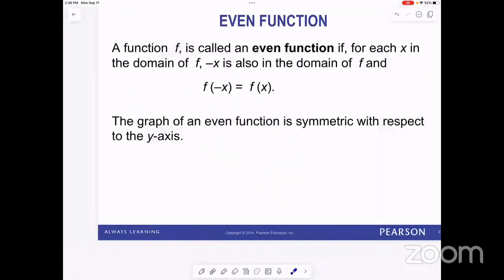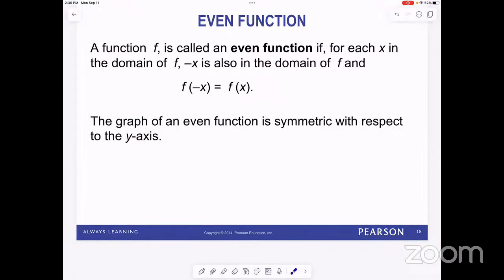So a function is called an even function if for each x in the domain of f, negative x is also in the domain of f. The definition of an even function: whenever we evaluate f of negative x, we get back the original. The graph of an even function is symmetric with respect to the y-axis. So again, even: f of negative x equals f of x.